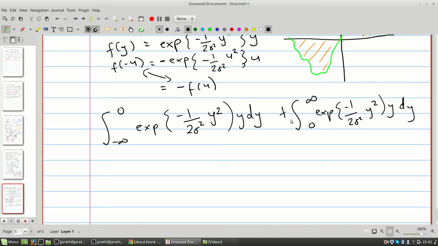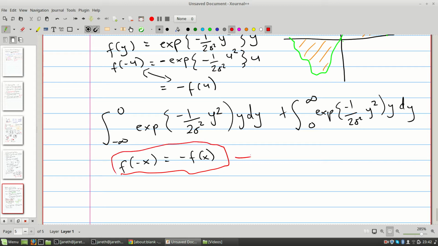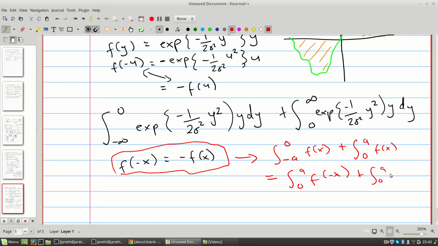We can do that, but we can also rewrite this, because if we have f of minus x, since we know this is an odd function, equal to minus f of x, what this is saying is that if we take the integral from minus a up to 0 of f of x plus the integral from 0 to a of f of x, this is essentially equal to the integral of 0 to a of f of minus x plus the integral of 0 to a of f of x.